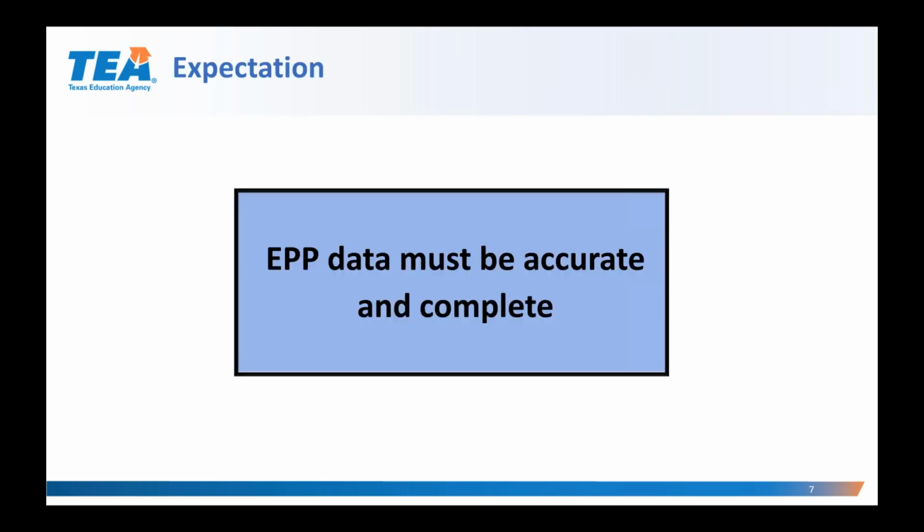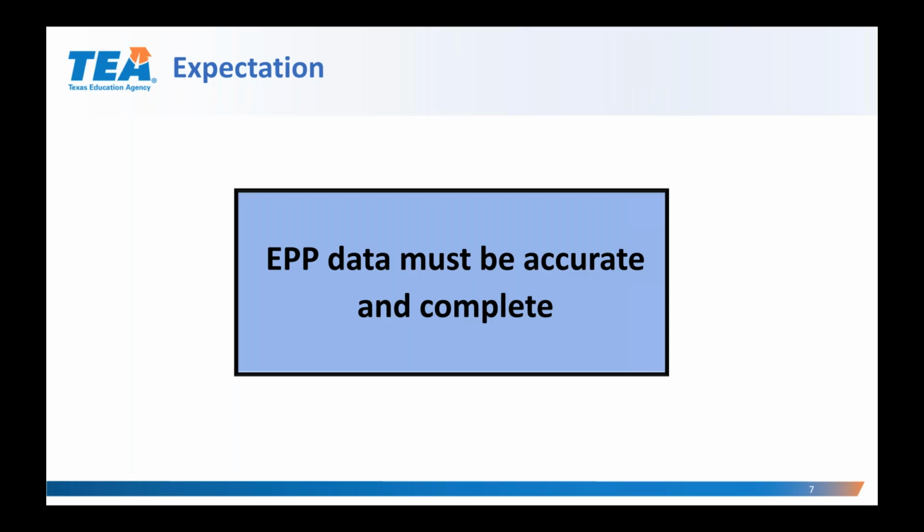The data submitted by EPPs each year is used for a variety of purposes, such as the consumer information that TEA is required to publish, and EPP accountability calculations that result in the determination of the annual EPP accreditation rating. Data is also provided by TEA to a variety of requesters through public information requests, as well as to other entities and individuals that request and use the data for a variety of reasons.